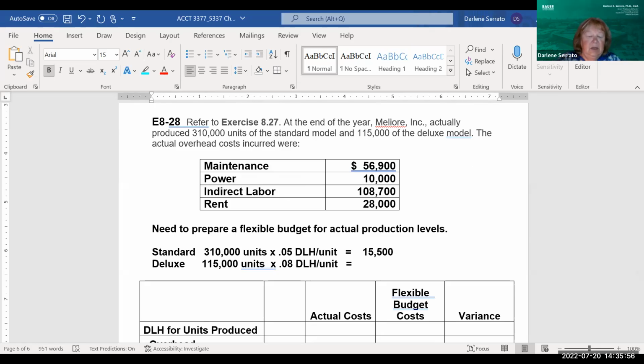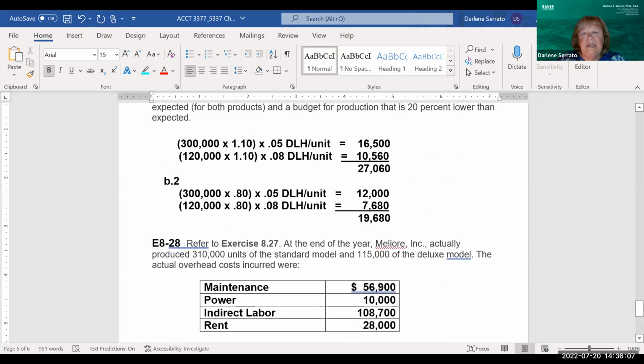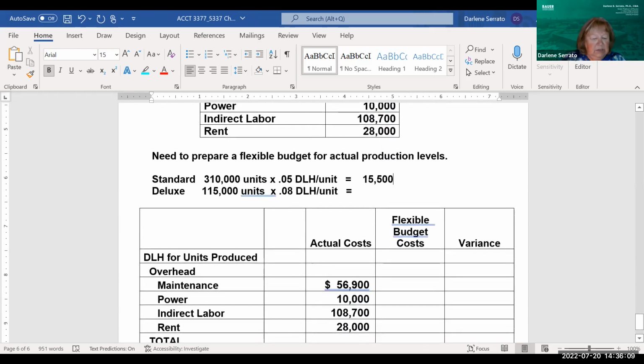And 115,000 times 0.08, no, I did something wrong. 115 times 0.08 is 9,200.